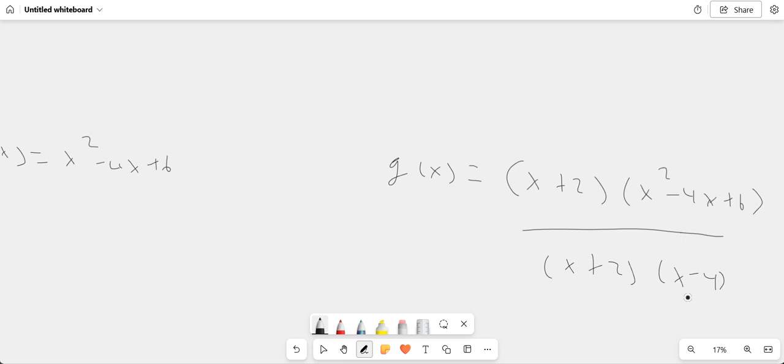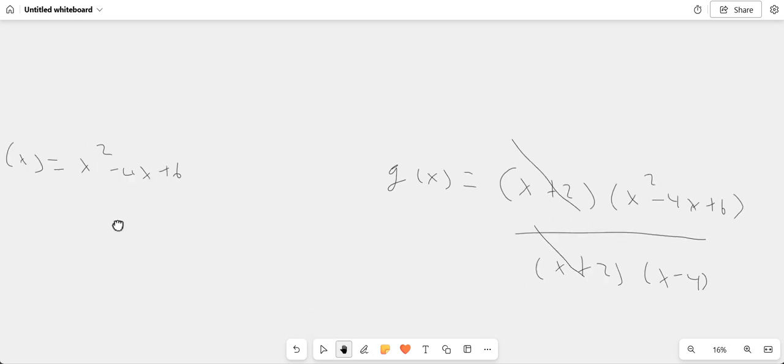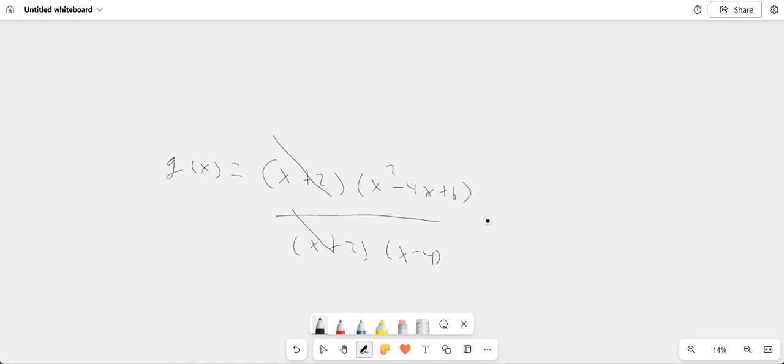And then from that, I can cancel x plus 2 with x plus 2. And now we get the final answer that they wanted us to show for g of x, which is x squared minus 4x plus 6 over x minus 4. And that's the end.